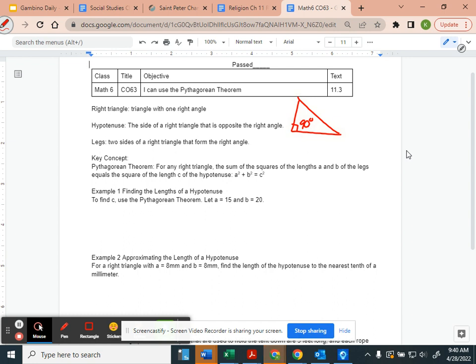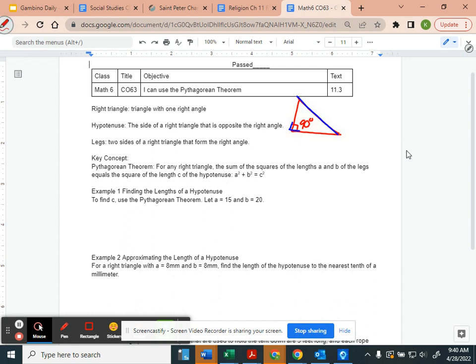The hypotenuse, now this is a new term. So the hypotenuse is the side of the right triangle that is opposite of the right angle. So if our right angle is here, the hypotenuse is directly across from it.